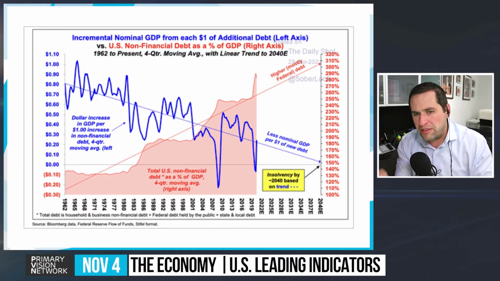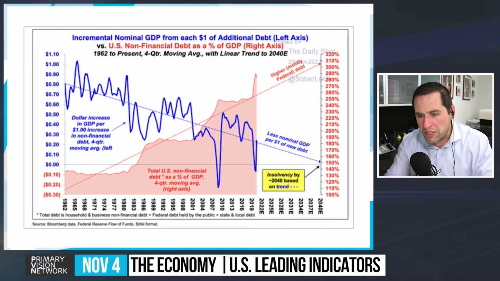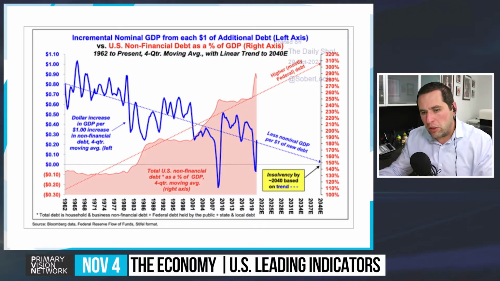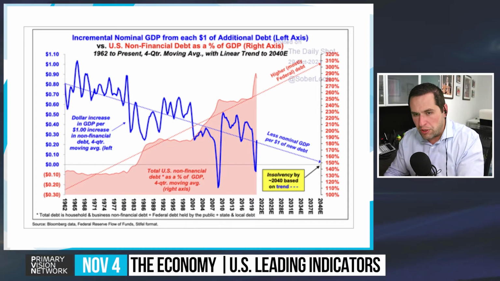And that's the underlying problem, where when you look at the higher, mostly federal debt and less nominal GDP per dollar of new debt, you get an idea of how that trend is continuing to move. And we keep getting closer and closer to that negative contribution.